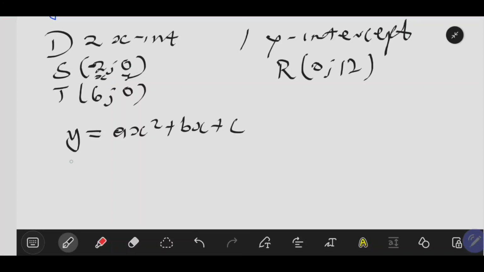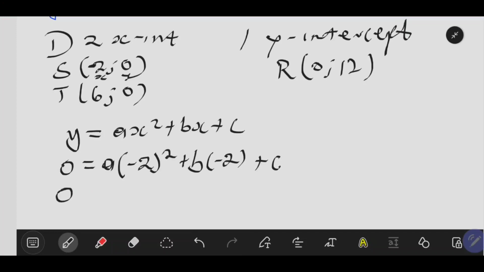Where we see y, we put 0, which is equals to a into negative 2, then squared plus b into minus 2, then plus c. Then we are going to have 0, which is equals to 2 squared, it's 4, then it's 4a minus 2b plus c.